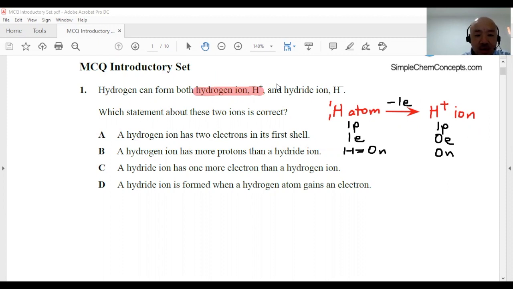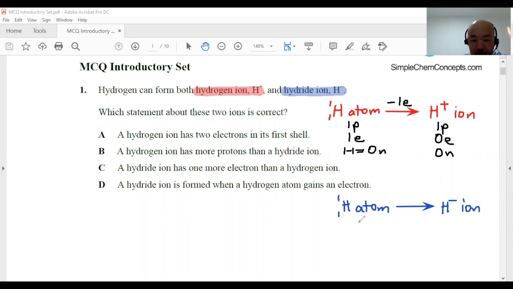Next, we take a look at how we get a hydride ion. Now, hydride is usually not so common, so you need to be very careful. But we still get it from a hydrogen atom. So let me write this out. You have the H minus ion. We're going to treat it the same way.